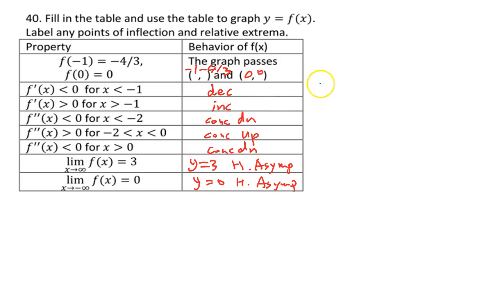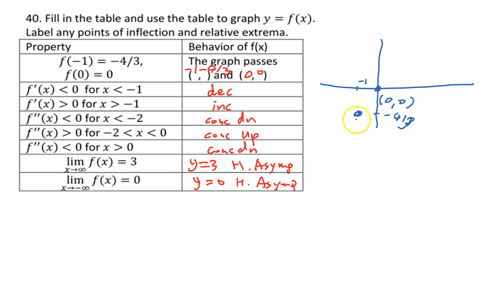So we know that the graph must pass 0, 0, and also -1, -4/3. So it has to pass through these 2 points. Okay, and before -1, the graph must be decreasing, and then increasing.